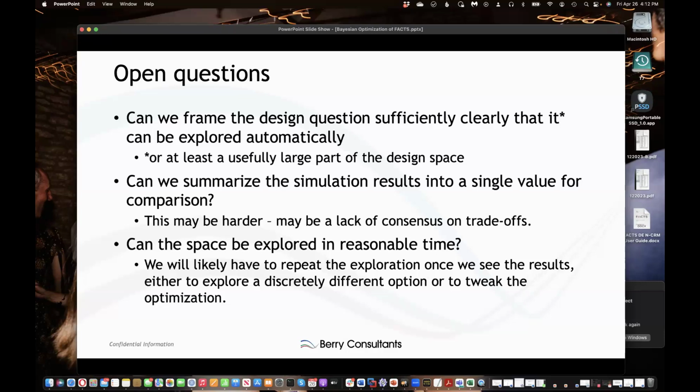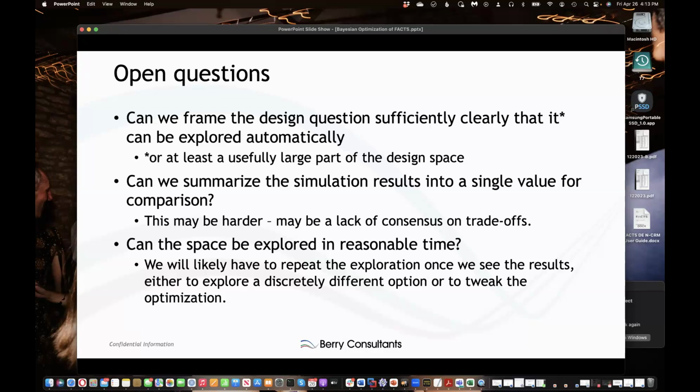Can we summarize our simulation results into a single value, this f function, so it has a single value to maximize? And that might be harder, and it might require trading off a number of operating characteristics, and that might be difficult to get consensus on.